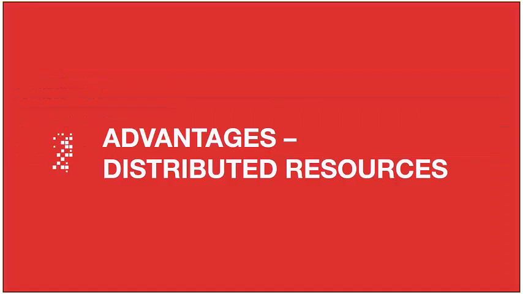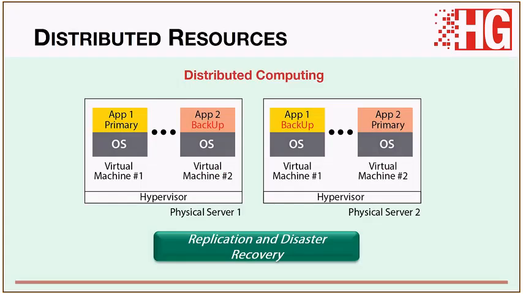The other, what I consider to be the big advantage, is the ability to do distributed resources. Let me give you an example. Let's say that you want to make sure that you have systems up all the time. So you may have on one physical server a primary app, let's say application 1 on virtual machine 1.